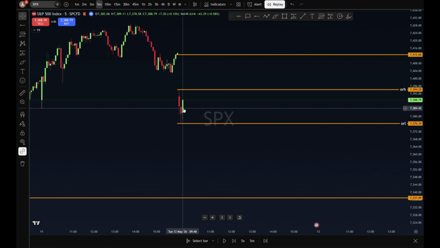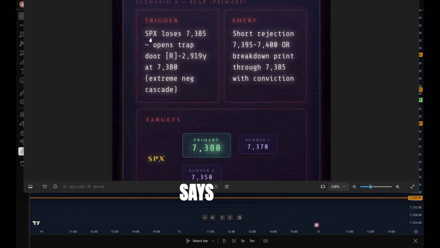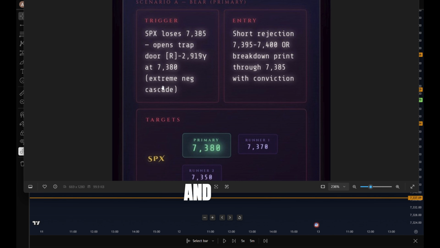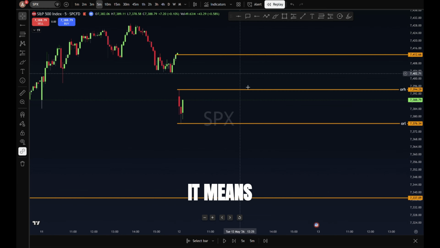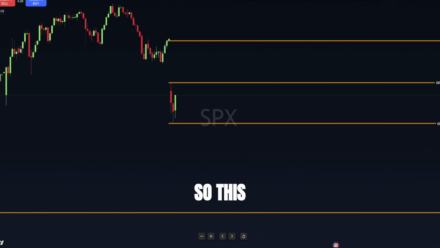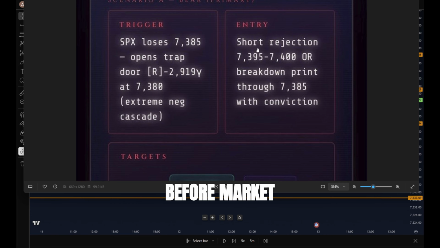You can see it says if SPX loses this level, open traps door, and these are the targets. This was in the morning, way before market opens.